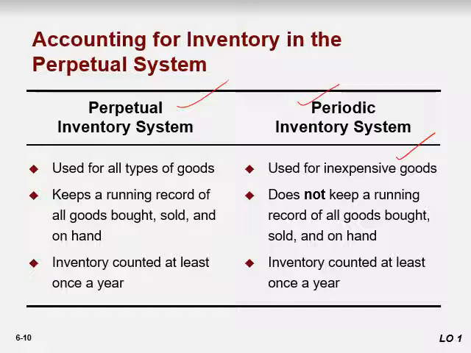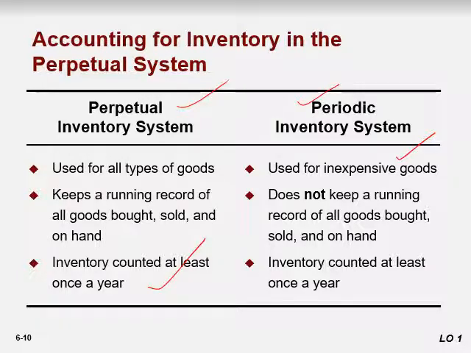So most businesses are using the perpetual inventory system. Even with the perpetual inventory system, the business still counts the inventory at least once a year, and the physical count establishes the correct amount of ending inventory for the financial statements and also serves as a check on the perpetual records.